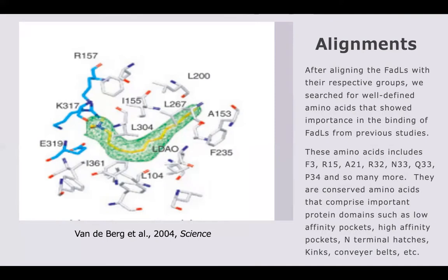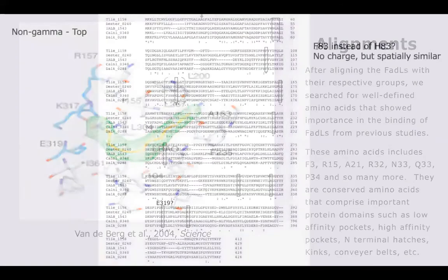These are conserved amino acids that comprise important protein domains such as low affinity pockets, high affinity pockets, N-terminal hatches, kinks, conveyor belts, and so on. And here is a picture of the high affinity pocket: R157, L200, F235. These are just some of the amino acids that we were looking for after we aligned the proteins.